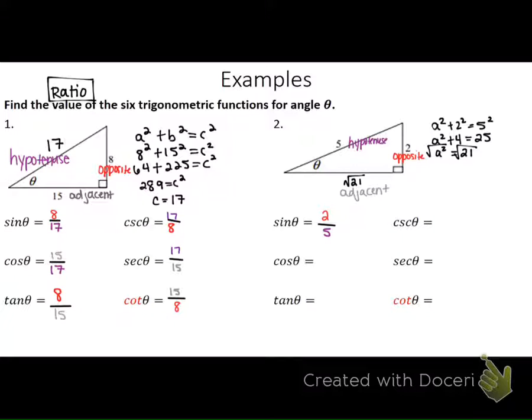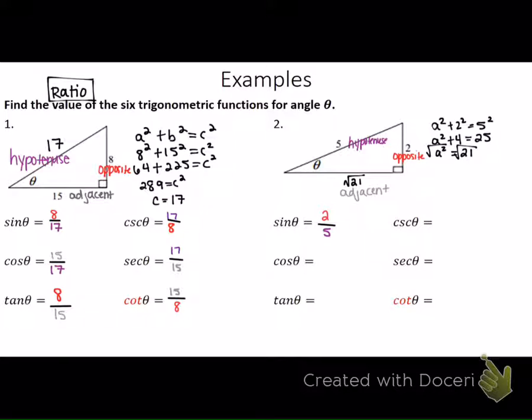Okay, so is the adjacent always going to be on the bottom one? No, because if theta was up here, this would be adjacent here. Okay, do you see that? So what I always do in the order I find it, I find the hypotenuse first because that's easy, it's opposite the 90, then I find the opposite. Because I think sometimes the adjacent is the hardest one to find. So if you already know the opposite and the hypotenuse, then you know the other one has to be the adjacent. Does that make sense?